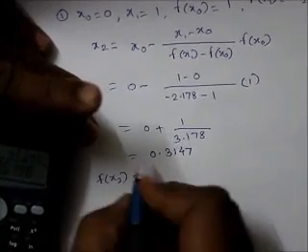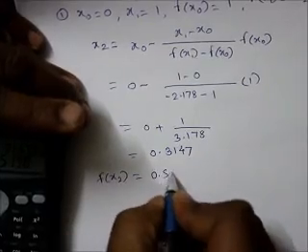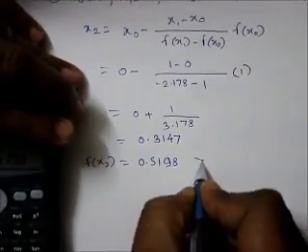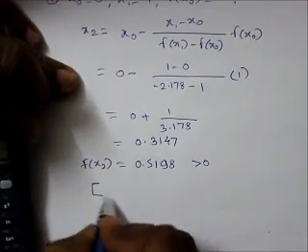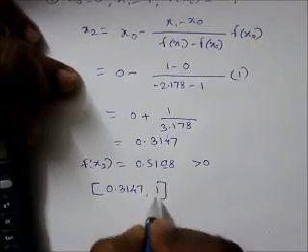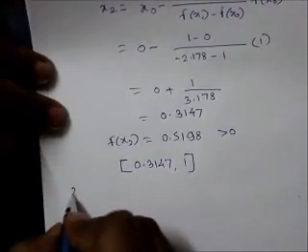Okay, 0.5198, which is greater than 0, which means that our next bracket is going to be 0.3147 to 1.